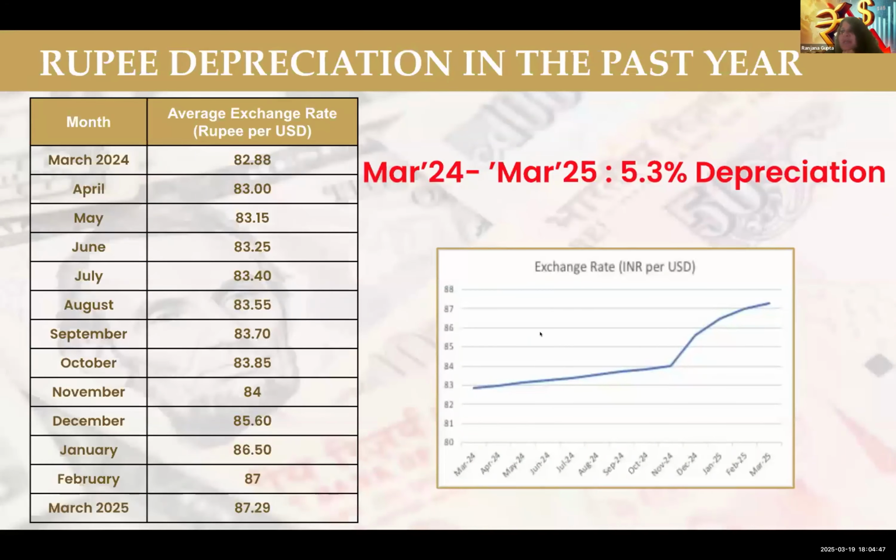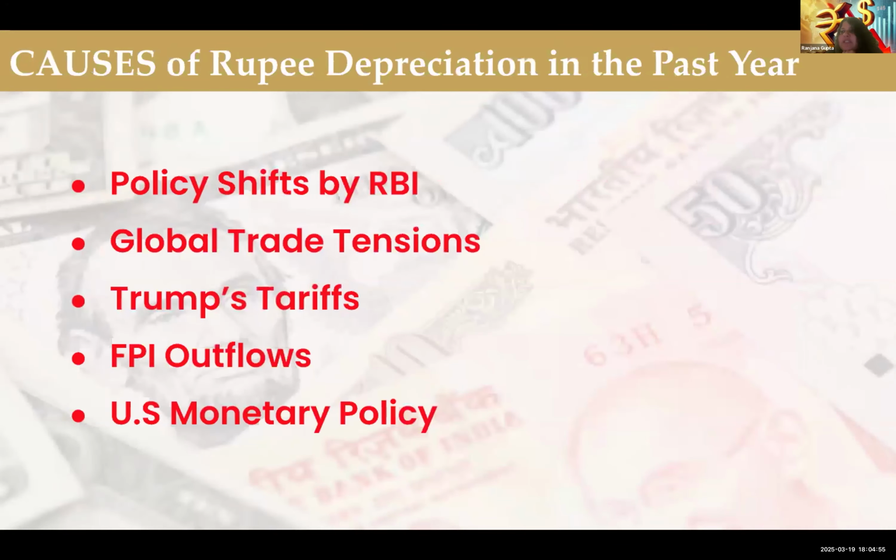If you observe the table, the Indian rupee has depreciated by approximately 5.3% against the US dollar in the last 1 year. Factors that have contributed to this depreciation are the return of Trump to the US presidency in 25, which brought back aggressive trade policies. For instance, Trump's 25% tariffs on goods from Canada and Mexico raised fears of a domino effect where other major economies, including India, face similar trade barriers.